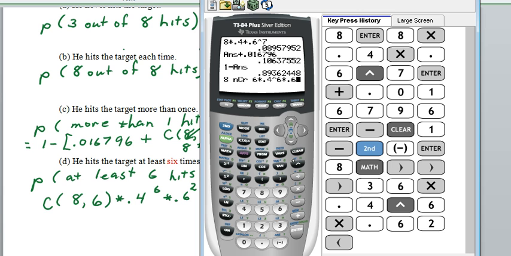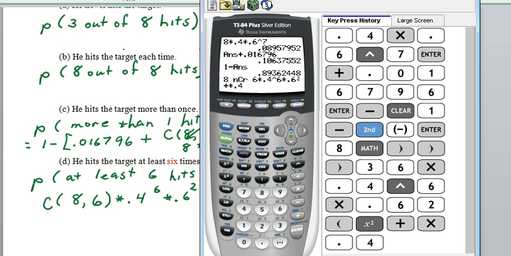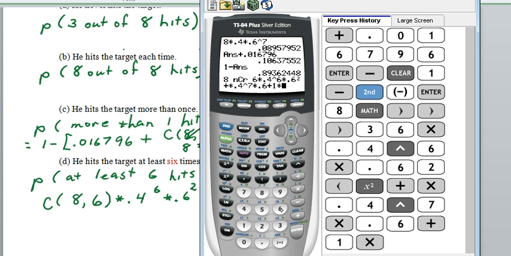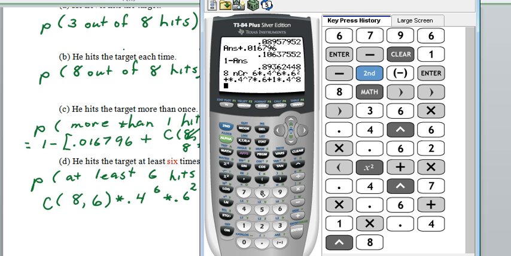Forgot the exponent there. Squared. Plus 8 times 0.4 to the 7 times 0.6, plus 1 times 0.4 to the 8th times 1, so we don't need to enter that.